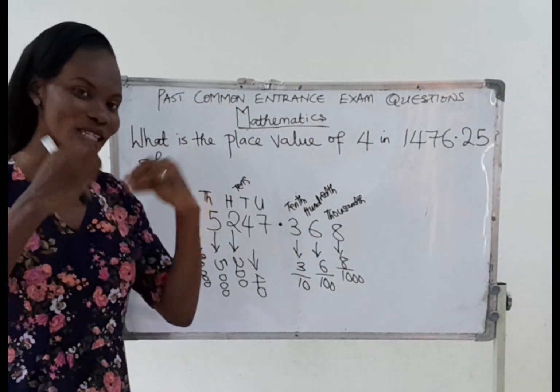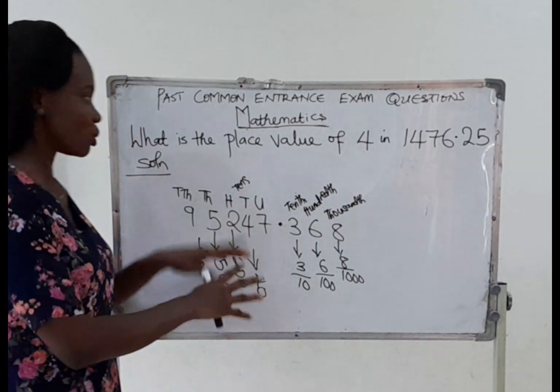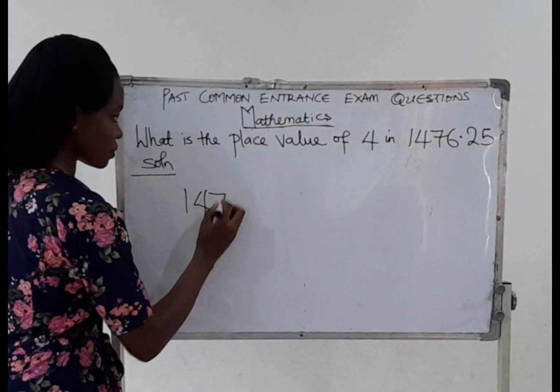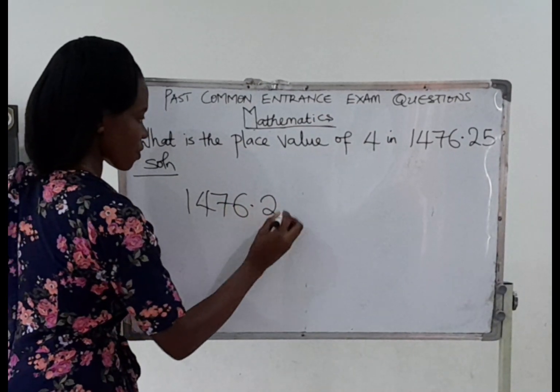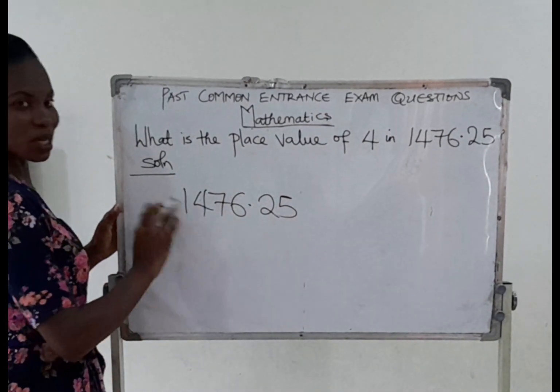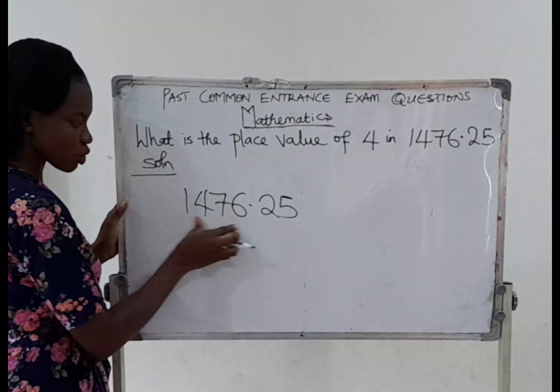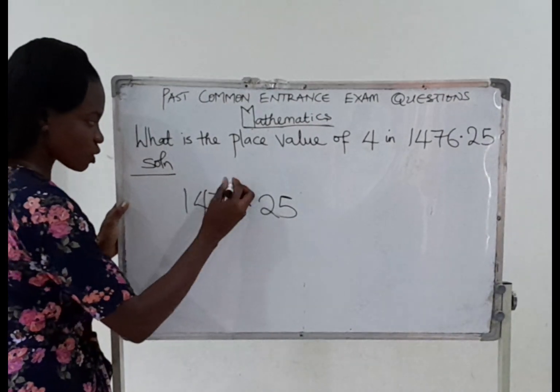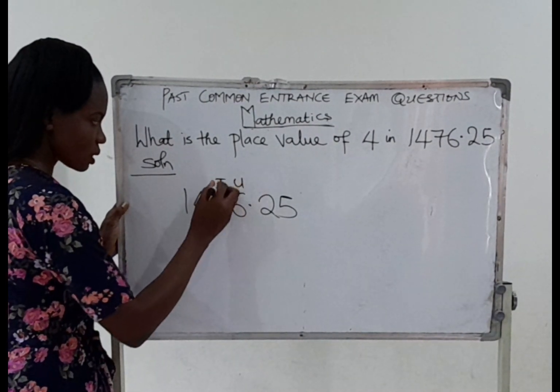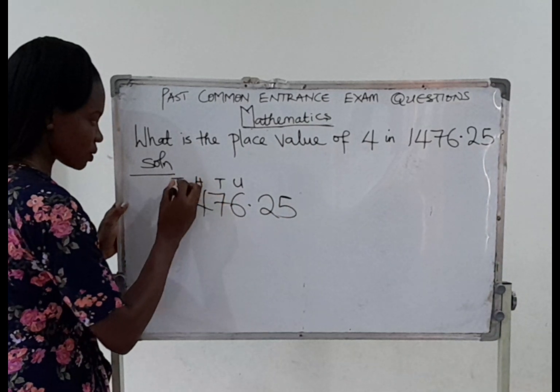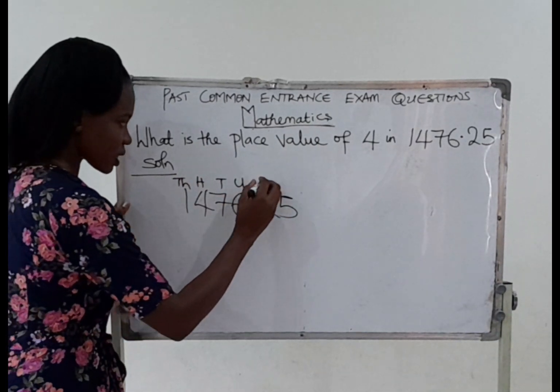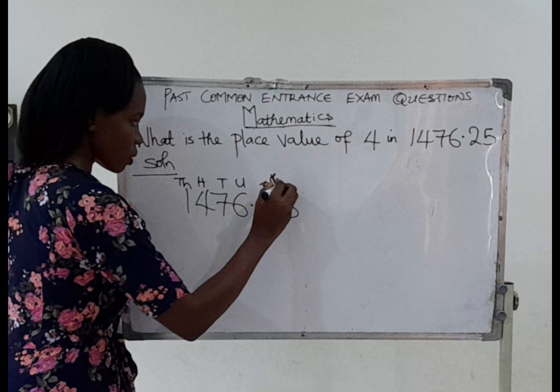Okay, so let's use the knowledge of what we just learned now to answer this question. 6.25. Can we quickly place value on them? Remember what I said, this is whole number, numbers before the point. So let's place value. Whole number starts with unit, tens, hundreds. Then after the point, we start having tenth, hundredth.